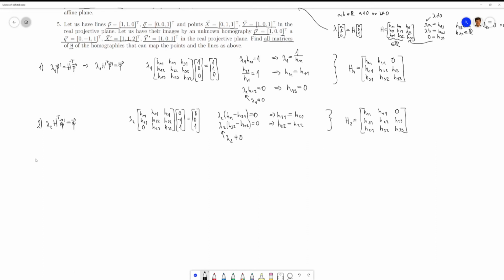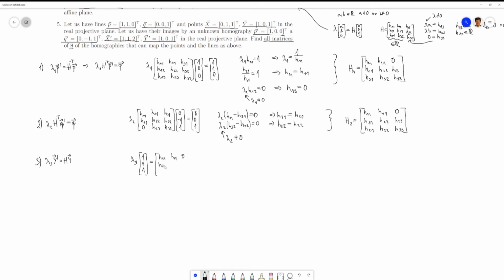Now the next constraint we will apply will be for point y. So lambda 3 times y prime equals H times y. So we can see that lambda 3 times the vector 1, 0, 1 equals H times the vector 1, 0, 1.